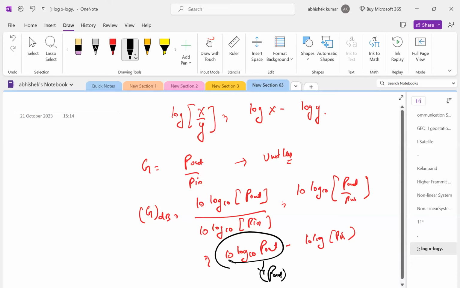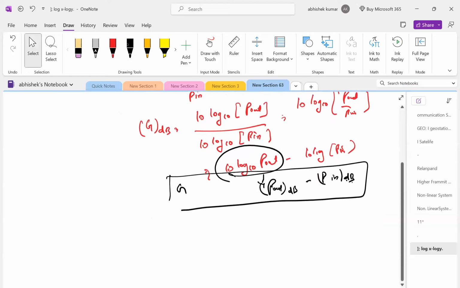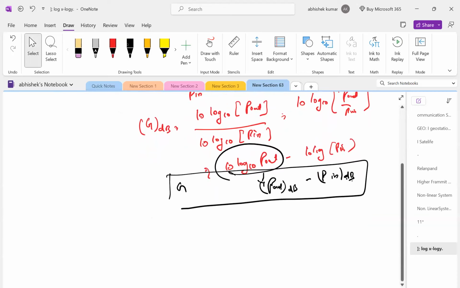If you multiply by 10 raised to 3, it will be dBm, so it will be P output dBm minus P input dBm. Are you getting my point? For writing gain in dBm, your formula is P output minus P in. Got it or not? Any doubt, Clara? No.